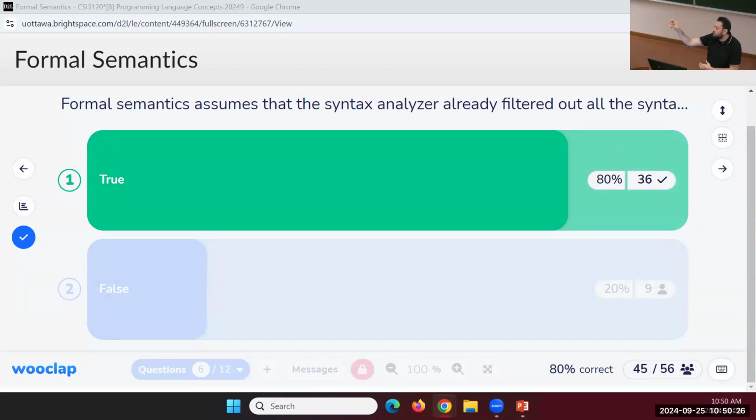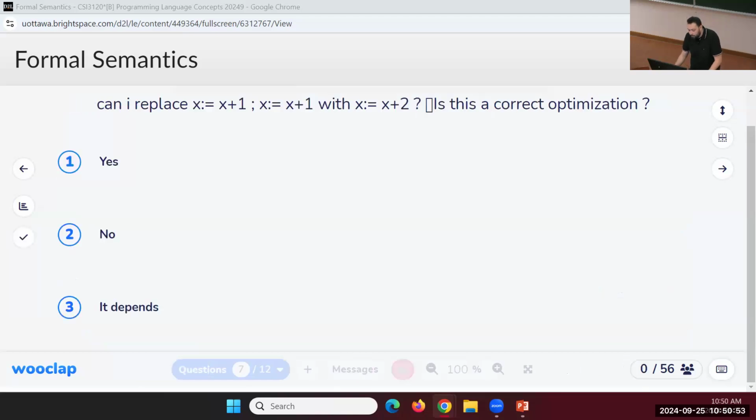Michael, how does the compiler start? There's the syntax analyzer and then the semantics. Exactly. So in the compiler, we start with the lexical analyzer, the syntax analyzer, and then semantics. So the input to the semantic analyzer is already coming out from the syntax analyzer. So if I'm writing my formal semantics, I'm going to write it in a way that assumes all the syntax is correct. So please keep this in mind.